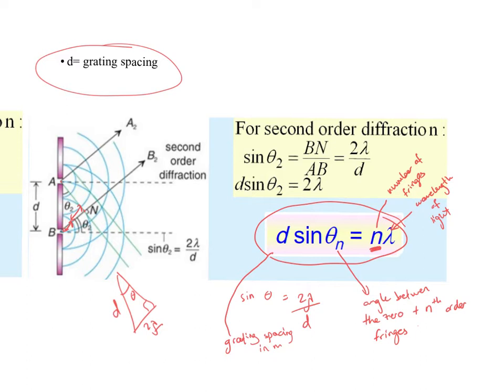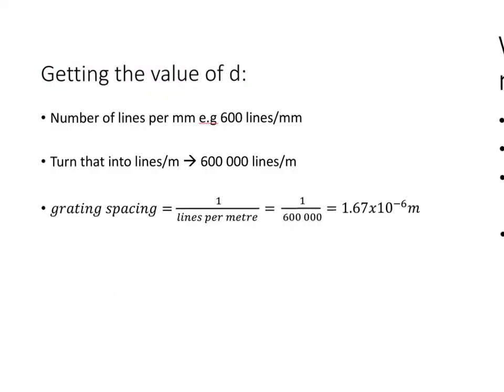Wavelength of light has a unit in meters. Grating spacing is in meters, and the angle could be in either degrees or radians. So how can I get the value of the grating spacing or slit spacing?